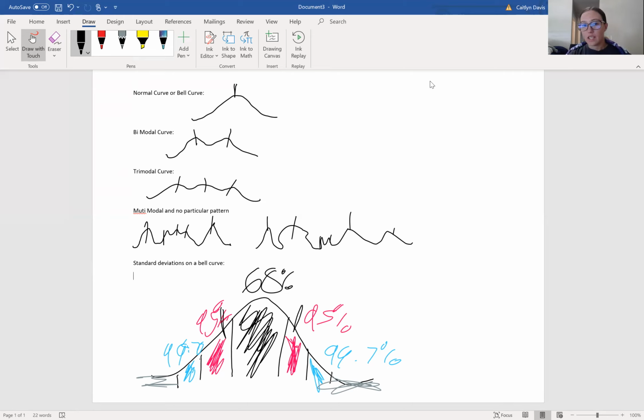And then you have to remember that in order to get this bell curve, which we hope for, we still have to follow those assumptions and rules of having a normally distributed population, as well as each individual having an equal chance of being selected.